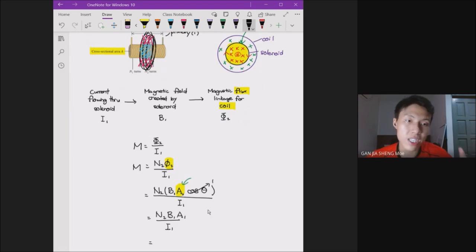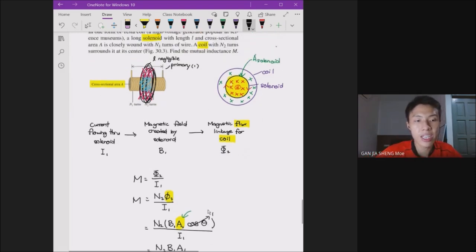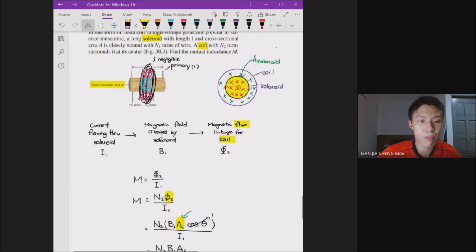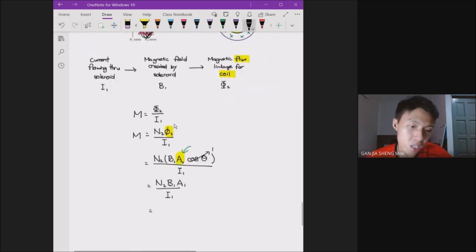You know that this B1 over here is the magnetic field created by the solenoid. This inside here is near the center of the solenoid. Therefore, you can expand the equation to become mu naught N1 I1.